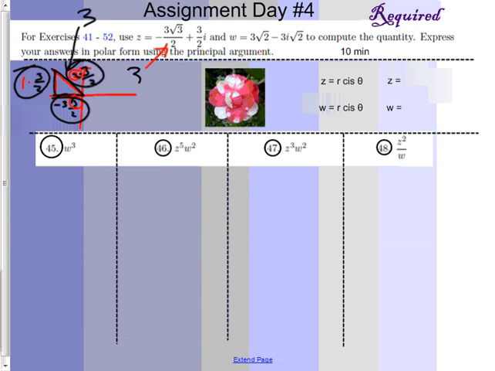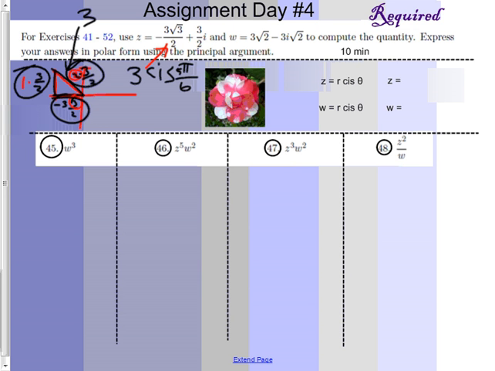So now I can do my cis form. It's 3 cis, and then I've got to figure out the angle. Okay, if I am in the 1, 2, square root of 3 triangle, it's a pi over 6, so it's 5 pi over 6. Very good. There we go. 3 cis 5 pi over 6.